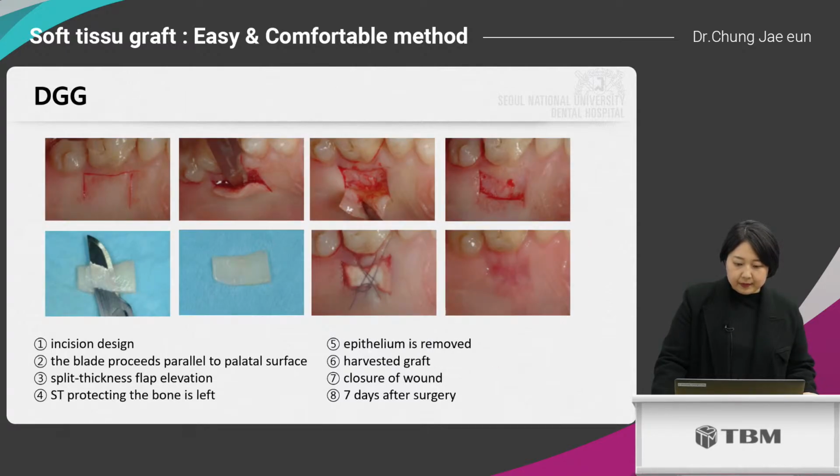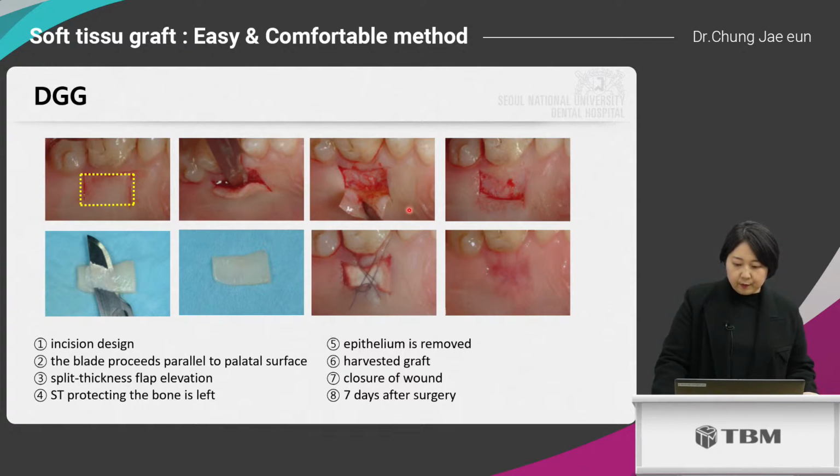Next is the deepithelialized gingival graft, the DGG. The incision design is made, or you can make the incision design like this or like this. Anything is okay. It is just up to you. The blade proceeds apically, parallel to the external palatal surface, in order to maintain a uniform thickness of the graft.